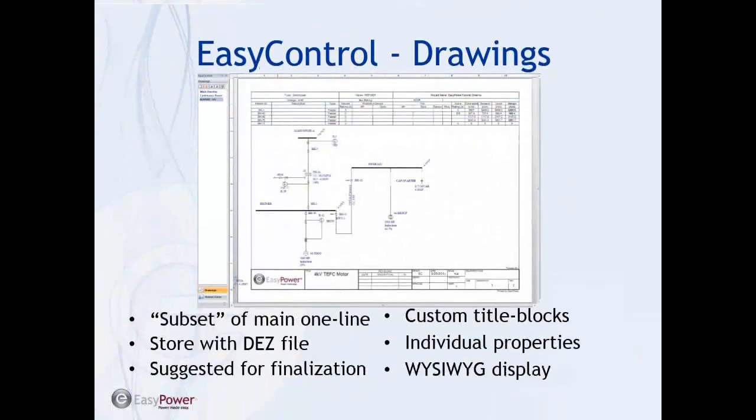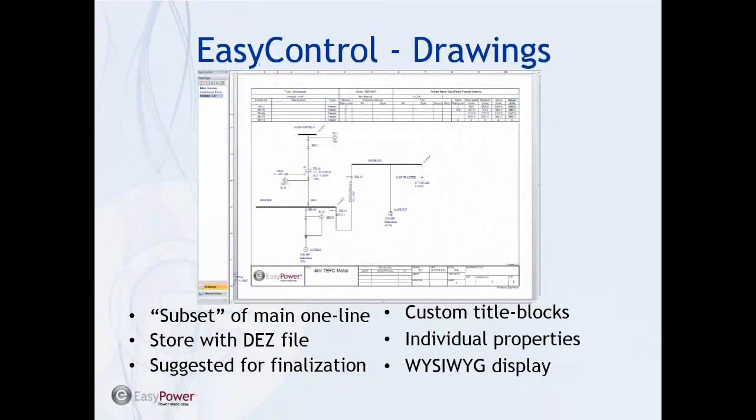So here is one of the drawings that was created using the drawings in EasyControl. They are subsets of the main one-line. They store with the DEZ. You can create custom title blocks, as you see on the bottom there.